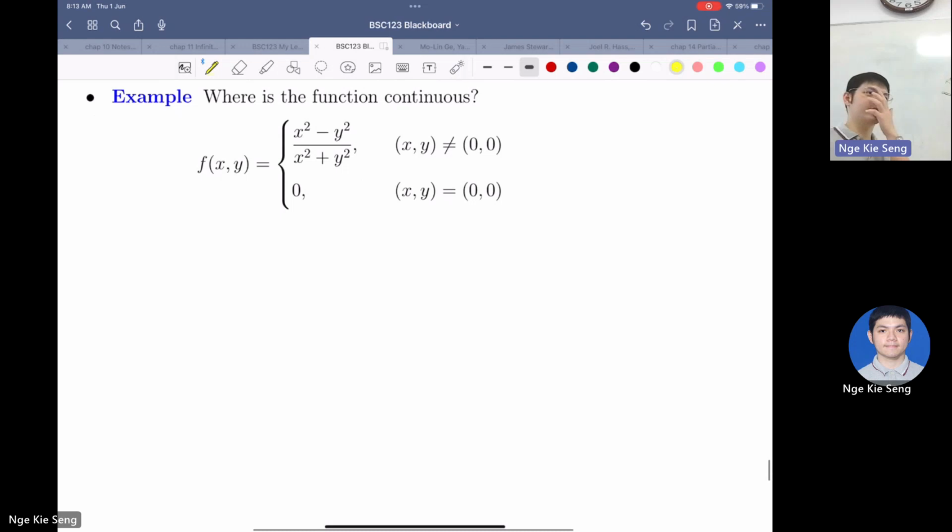How about this one? You try. Is this function continuous?